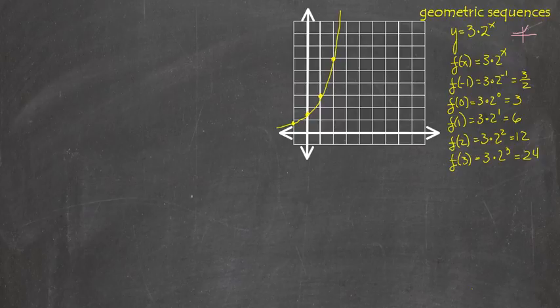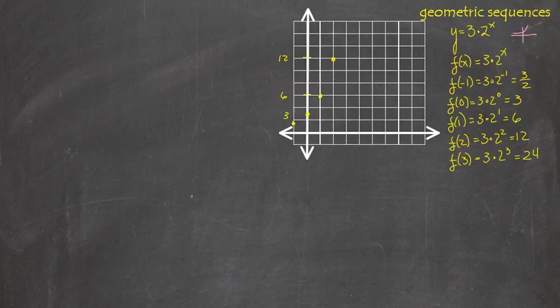And that's exactly what we expect from an exponential graph. But we don't want to graph this as a function. We want to look at just the output values. This is 12 as an output. The output for this next point down is 6, and then 3, and then 3 halves.